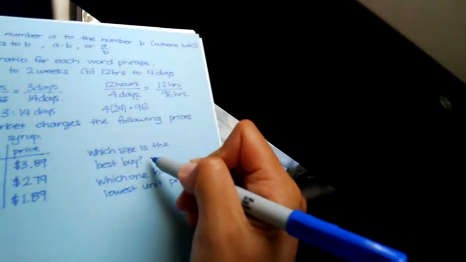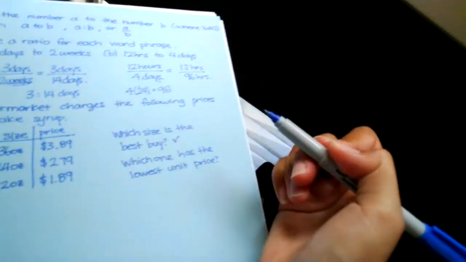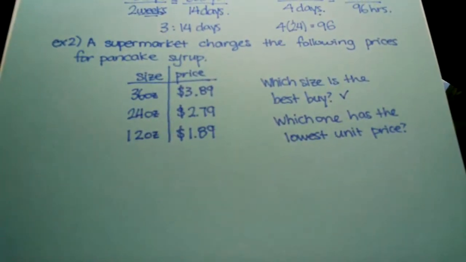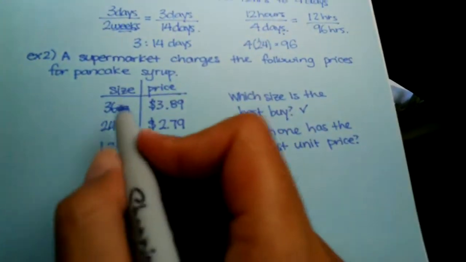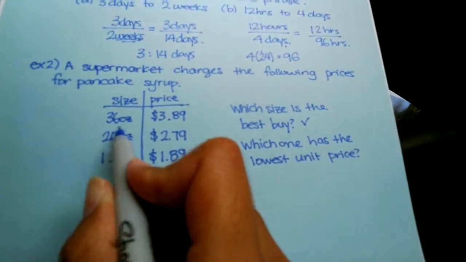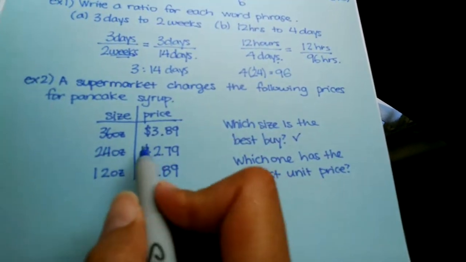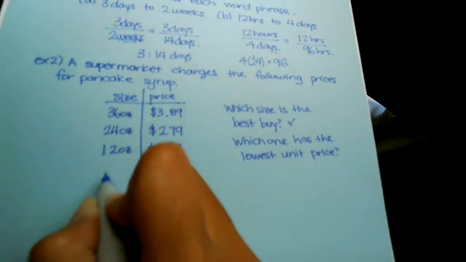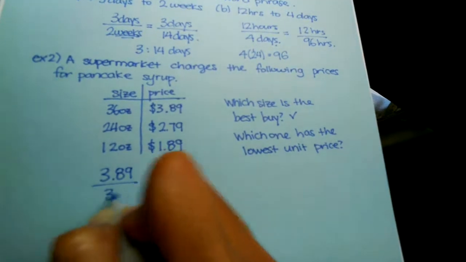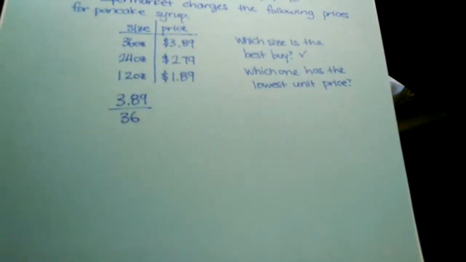The first part that we're going to do is this first question here. In order to determine which one is the best buy, we have to look at which one has the lowest unit price. The way we would do that is just determine how much we are paying per ounce. So we're going to do 3.89 divided by 36, because that's 36 ounces.